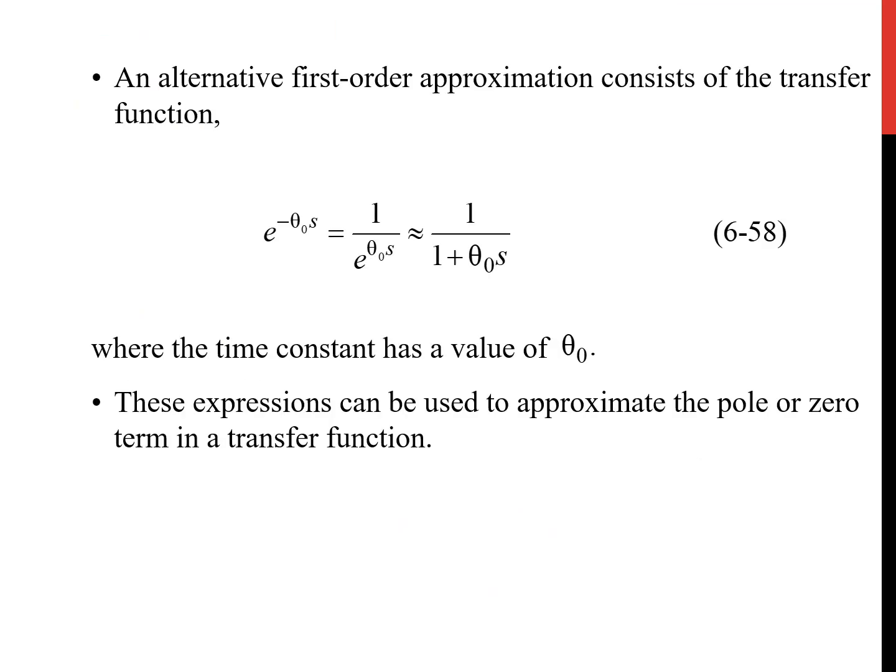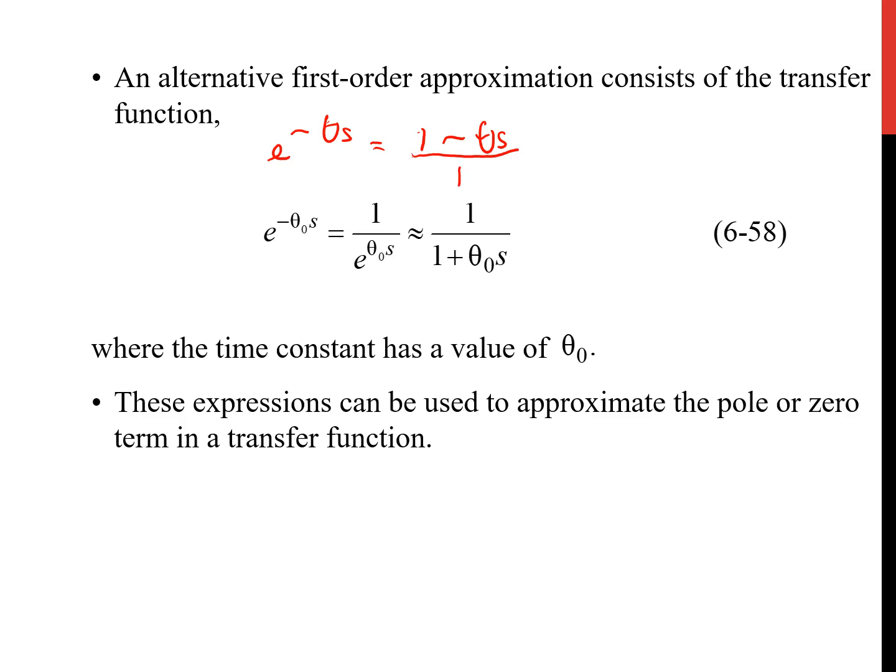So sometimes they say if you have the Taylor series for the exponent negative theta s, it equals 1 minus theta s. So that means here 1 minus theta s over 1, and this one is the numerator.